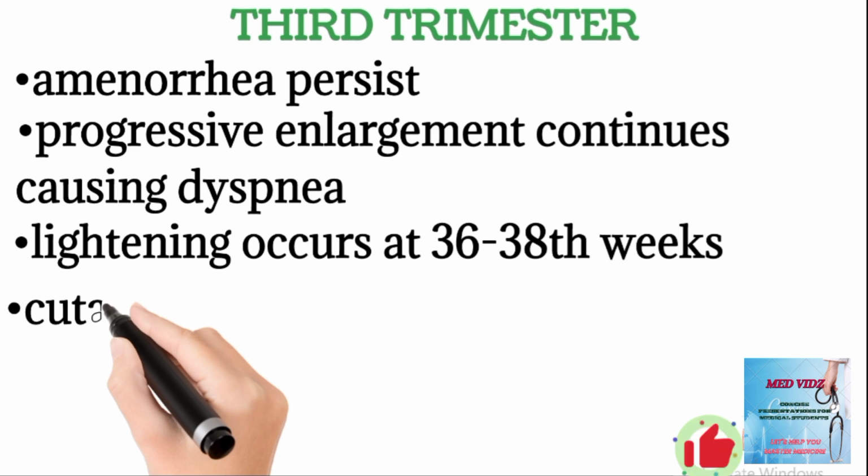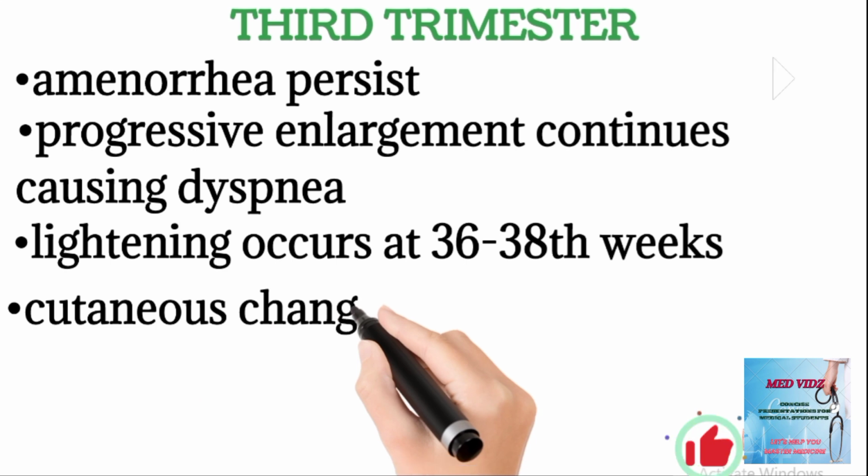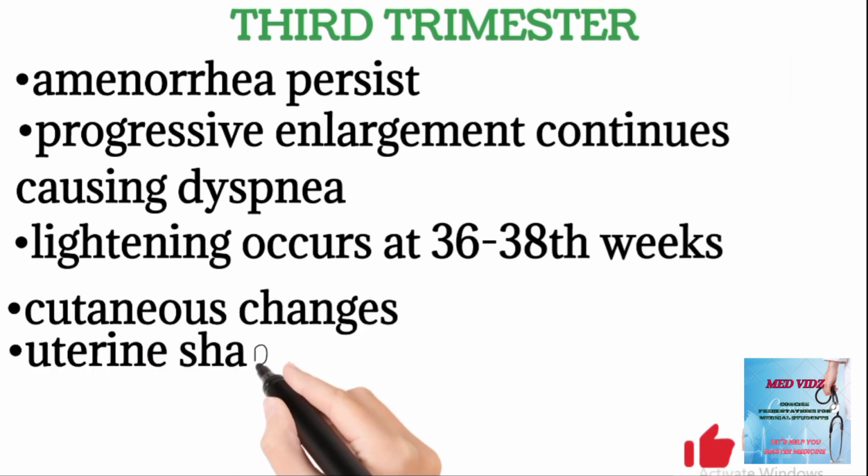This is accompanied by a feeling of relief from the mother, as there is a slight descent of the fetus as it tries to engage. Then you have cutaneous changes, including linea nigra and striae gravidarum, which become more prominent.